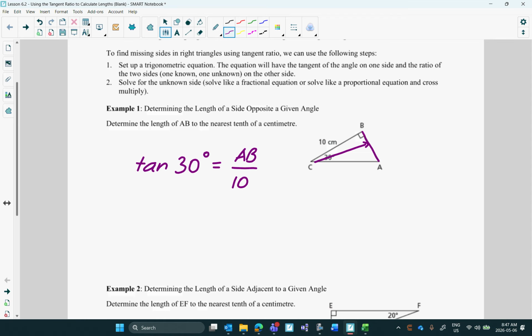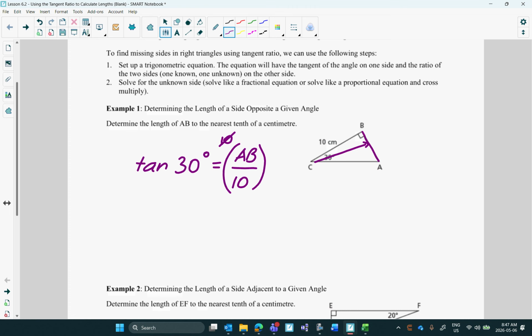Well, we've got an equation to solve, or we've got to solve for AB. Remember, this is equation solving. What kind of equation is this? Not only is it a trig equation, it's a fraction equation. To get AB by itself, how do I get rid of divide 10? Times 10.